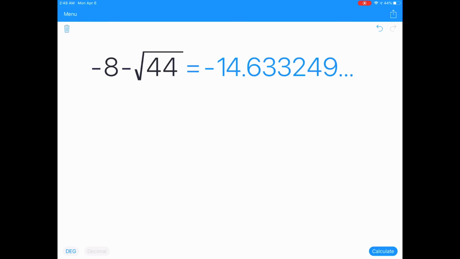The thing I didn't mention before is don't round it in the middle of doing all the arithmetic here. If you can, keep it in your calculator. It might go to the edge of your screen, but the approximation for negative 8 minus the square root of 44 is still in your calculator.